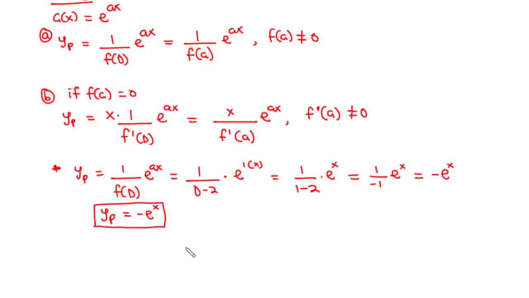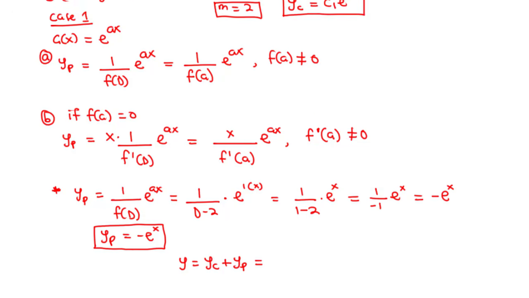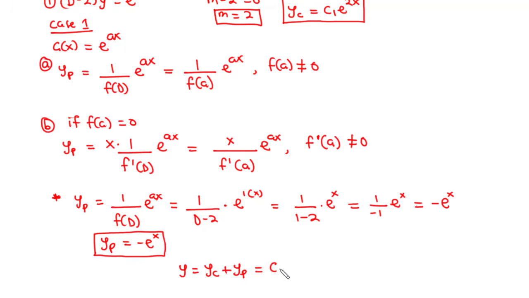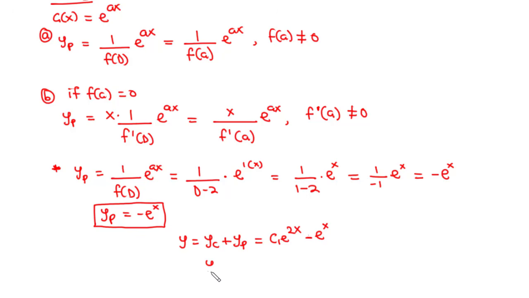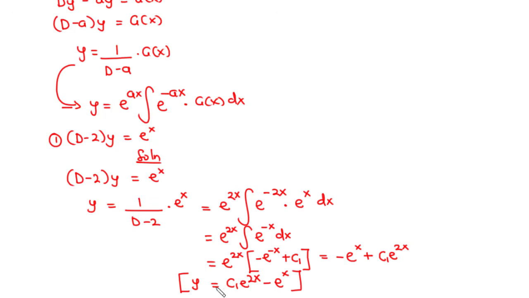Therefore we have the general solution given as yc plus yp, and that is equal to c1 e to the power 2x minus e to the power x. So this is the general solution to the differential equation given. Comparing this to the initial one, you realize that we have the same solution.